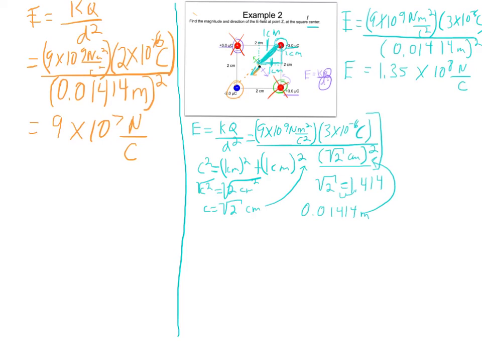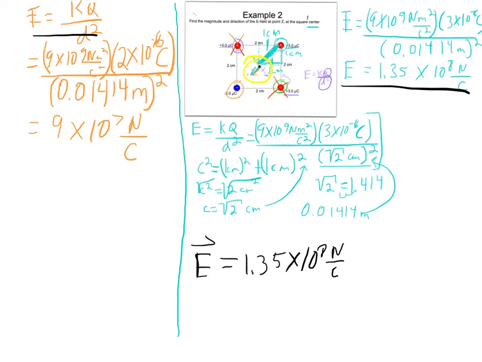Notice from our drawing that those two charges we decided point in the same direction, which means we would just add the vectors together. We would subtract if they pointed in the opposite direction. So our total of the two electric fields together, the teal and the orange, this is E, would be 1.35 times 10 to the 8th newtons per coulomb plus 9 times 10 to the 7th newtons per coulomb.